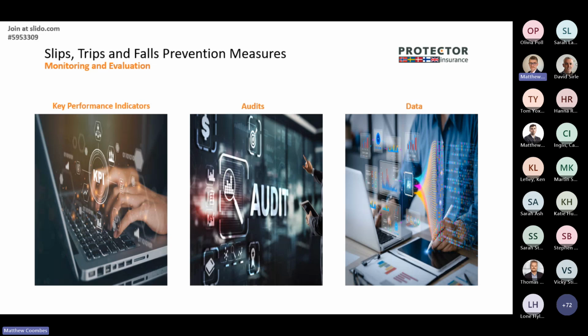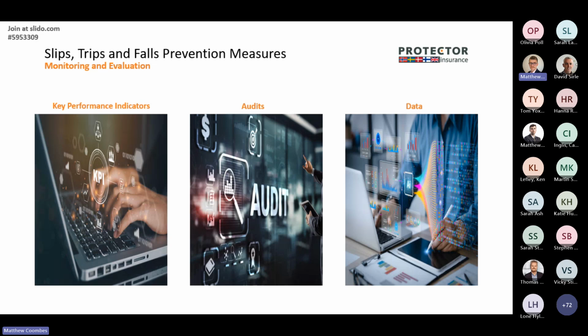And this should always be simple. So using technology, if you have the resource, can be very useful. But ensure that all reports are recorded in a way that the data can then be fully scrutinized afterwards.